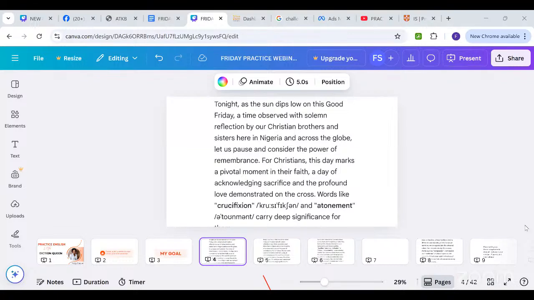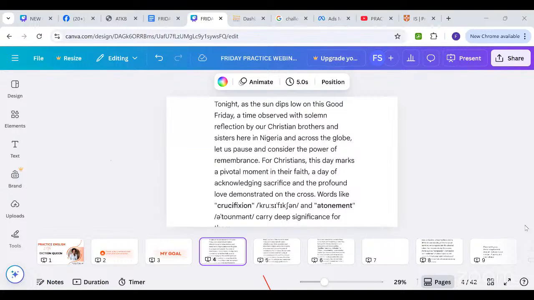On this Good Friday, a time observed with solemn reflection by our Christian brothers and sisters here in Nigeria and across the globe.